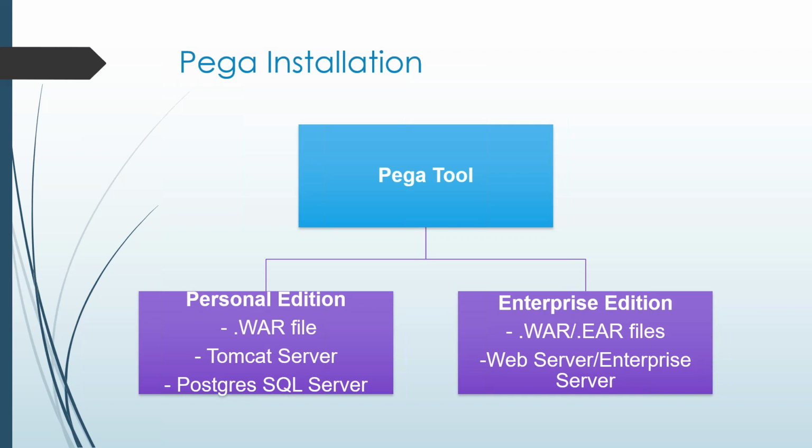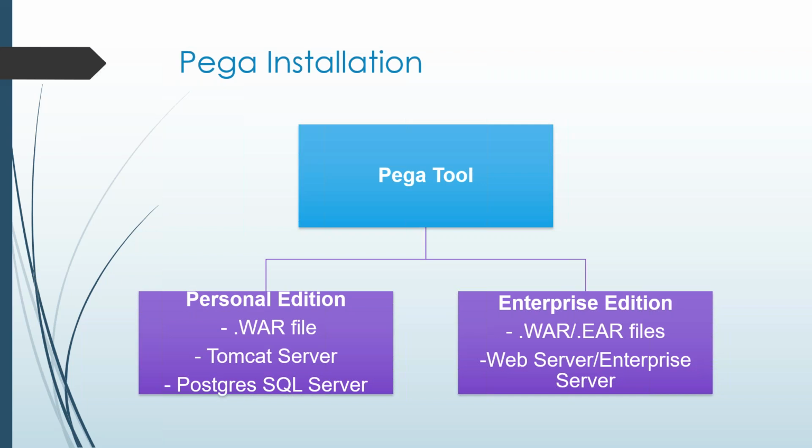Yeah. So then coming to the installation of Pega, you could do it two ways. One is the personal edition, another is the enterprise edition. Any Pega application is basically a web application, which means you launch the application and it is opened in a web browser. This is not a desktop application, but a web application. So when you say web application, you should have some server where your application is running, which is like the web server.